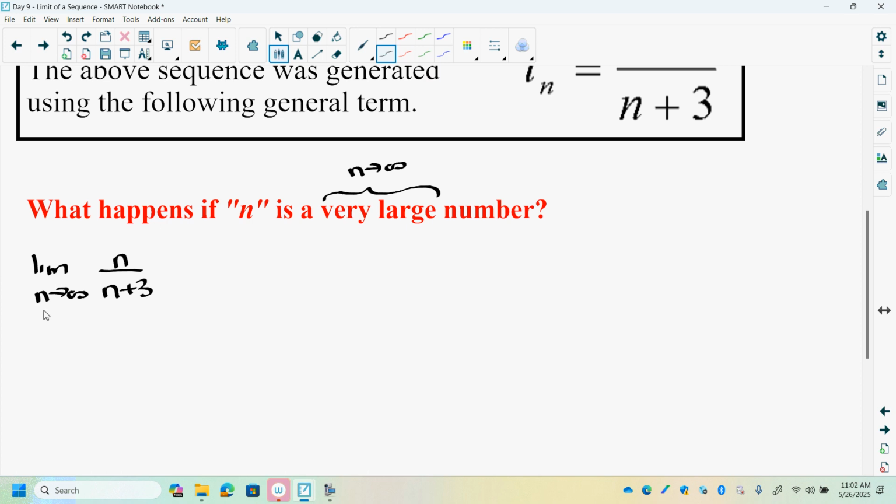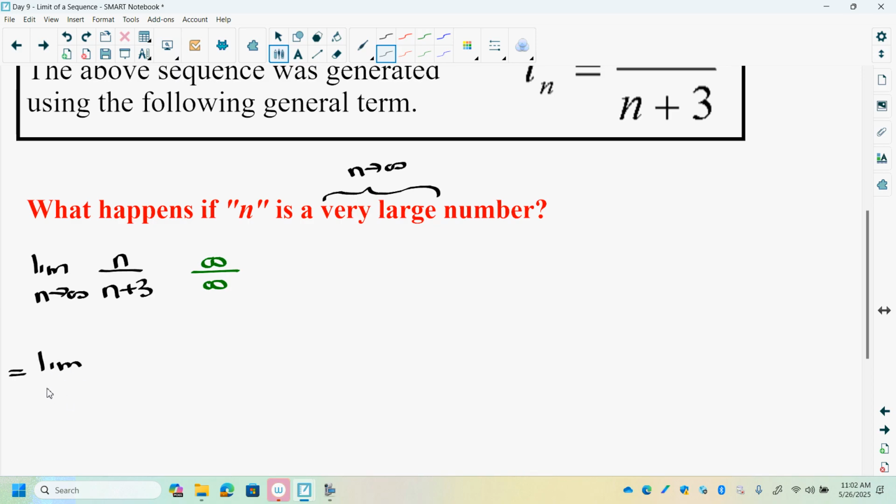If you try and do direct substitution, this is going to give me infinity, a large number in the numerator, and I'd have a large number plus 3, so an even bigger number in the denominator. Infinity over infinity is indeterminate. It's no good. How do I solve a limit at infinity of a rational function?